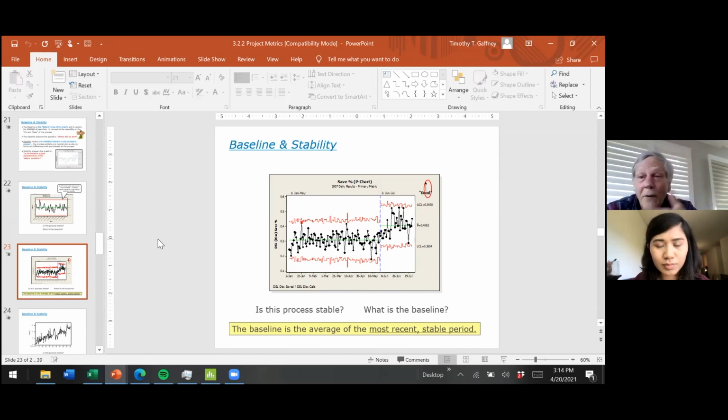Are they stable? No, they're not stable. Do you know what their baseline blood pressure is? No, there is no baseline. It isn't stable. And if a process isn't stable, there is no baseline. Say that out loud. If the process is not stable, you can't know the baseline.